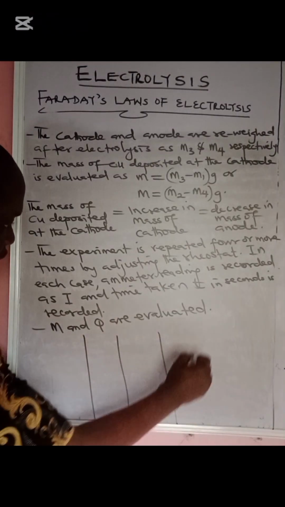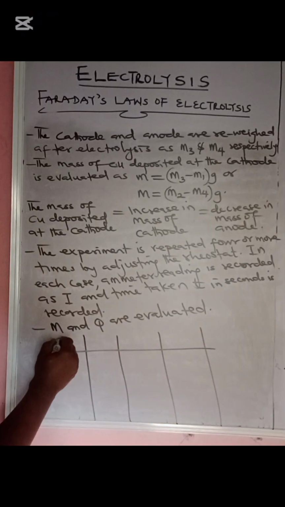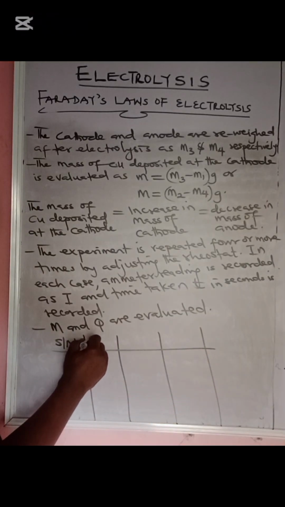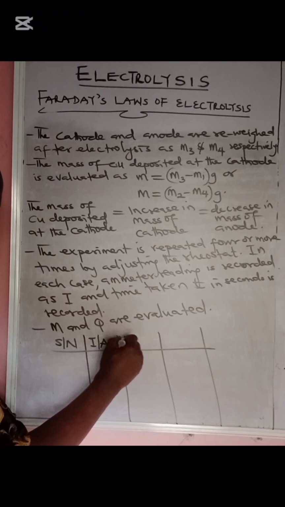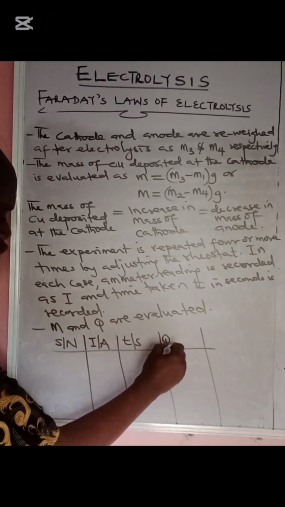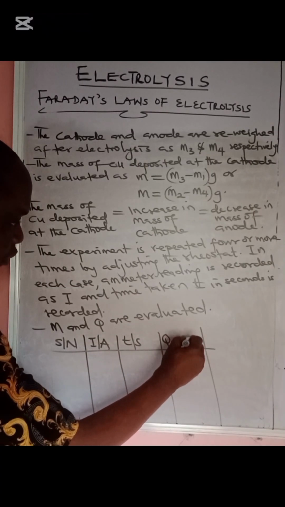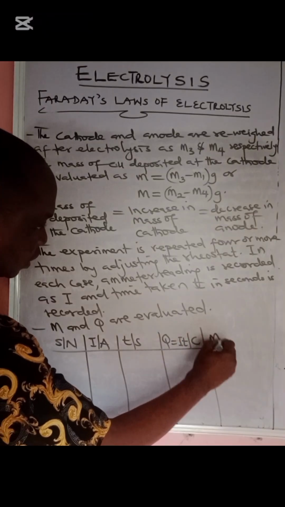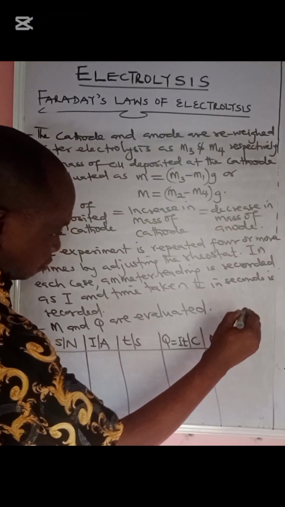We have the table like this. This is serial number. This is current I in ampere, time in seconds. You know, Q is equal to IT, which is in coulomb, and you have the mass M, which is in gram.